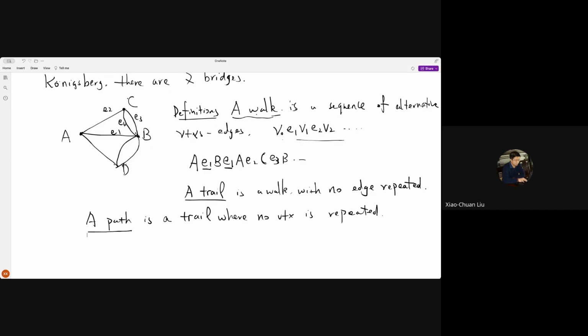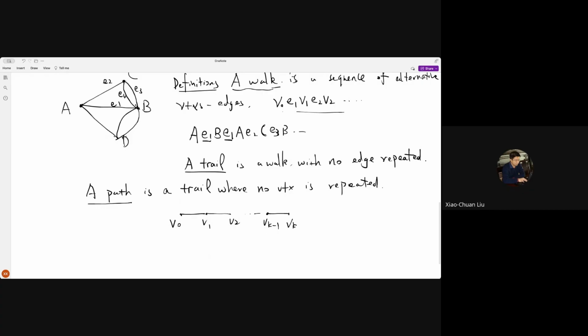A walk you can do anything, and a trail you cannot repeat an edge, and a path you cannot repeat a vertex. So it's something like you have V0, V1, V2, and so on. So you arrive at Vk minus 1. Okay, so this is a path.